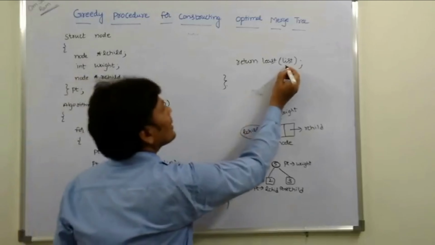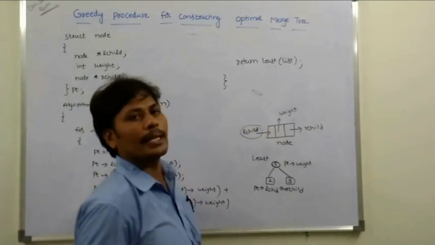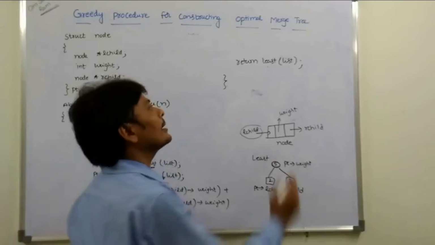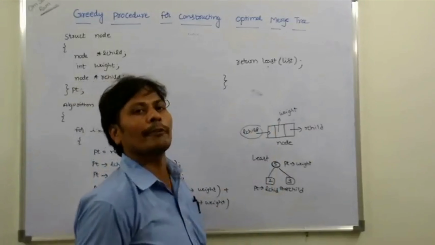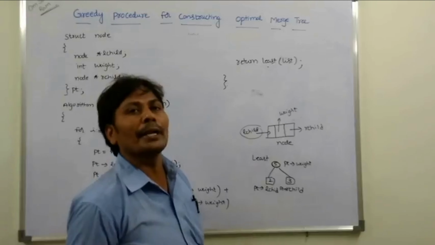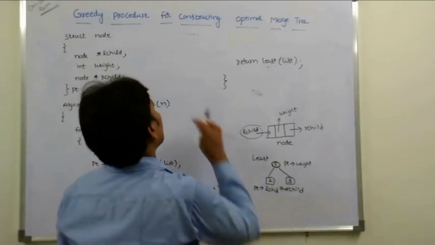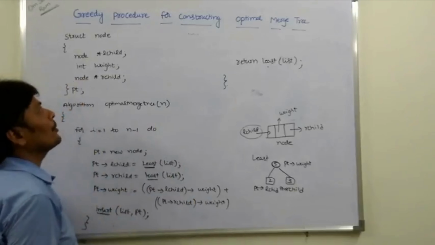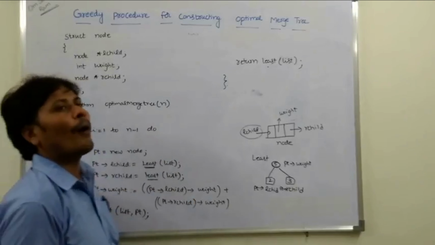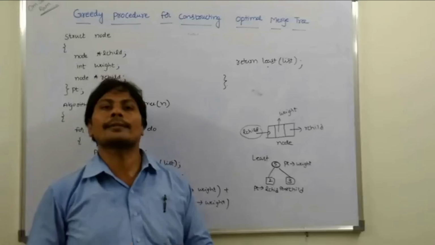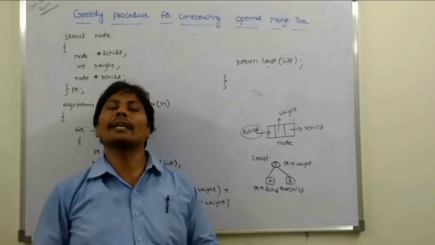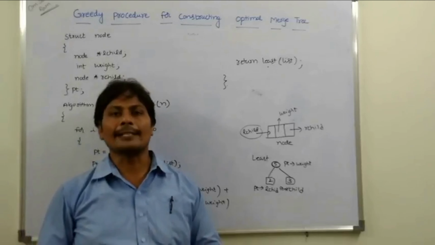Finally, we are getting the list of list. Here this list function is used for finding the optimal number of merge operations from the list. So this is the algorithm we use for finding the optimal number of merges when we are given n number of files.